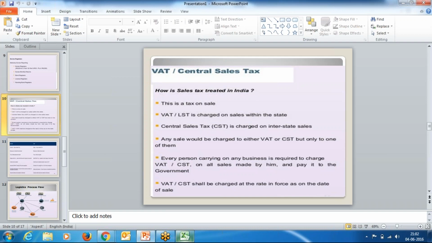Suppose I am in Gujarat, if I am purchasing metal within Gujarat, then VAT is applicable. While if I purchase outside Gujarat, let's say Maharashtra, Karnataka, any other place, then VAT will be replaced by CST. Basically, CST is used for interstate sales when your state is going to change.